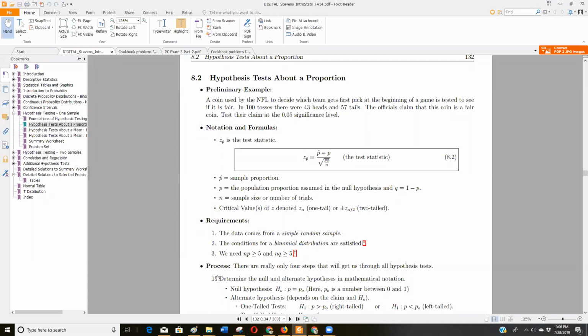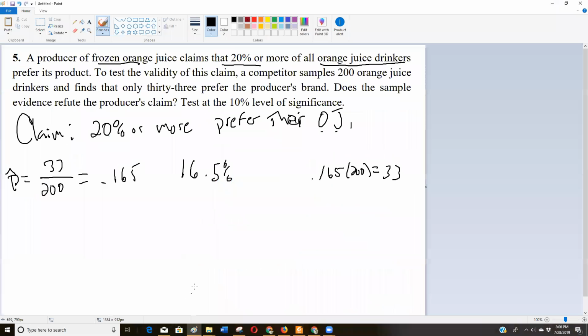So let me come back to this. We've got a random sample. They don't tell us it's random; I guess we'll assume it is. Does it satisfy the binomial distribution? Well, I'm going to assume that asking whether one person likes their OJ or not is independent of the next.